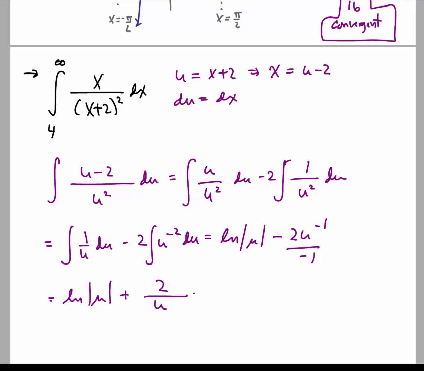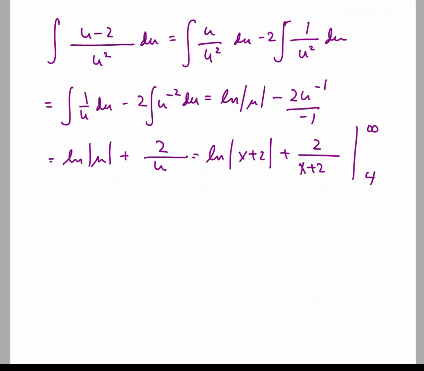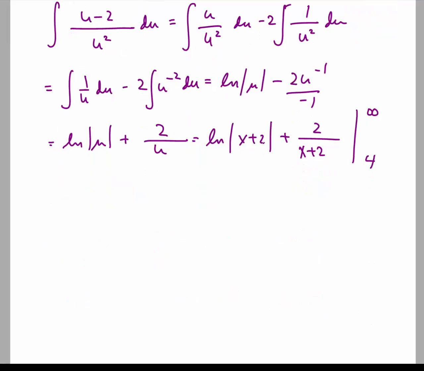I guess I'm not ready to evaluate this yet because I need to turn around and sub back in. u is x plus 2, plus 2 over x plus 2. Now I want to evaluate this from 4 to infinity. So remember, we're taking limits. So this first one would be the natural log limit. Let's do the limit first.